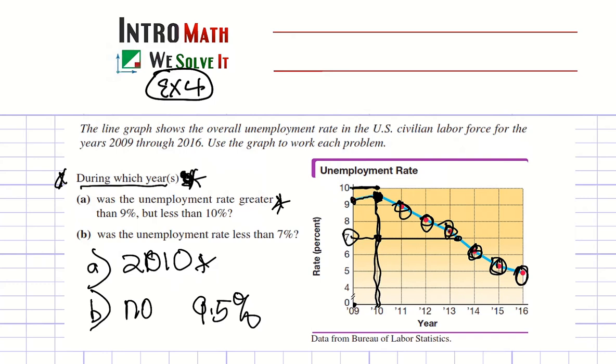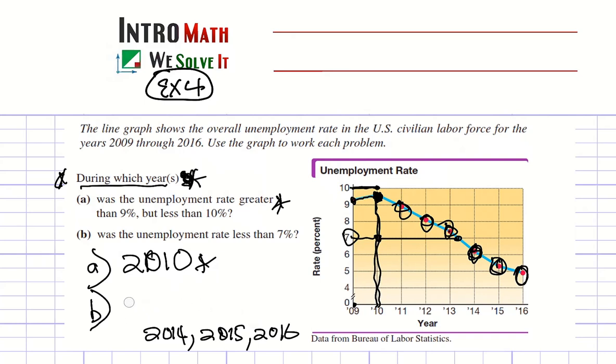If that's what they mean, during which years was unemployment less than 7, then it's here: 2014, 2015, and 2016. Those are the years it was less than 7%.